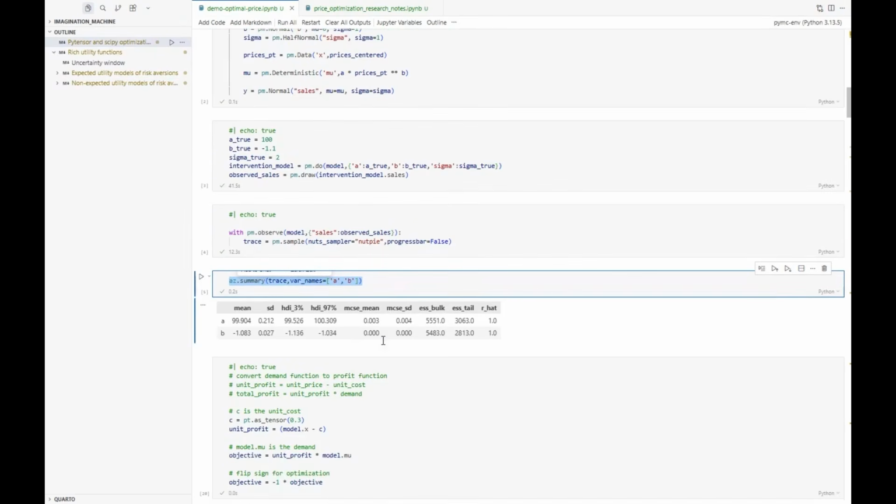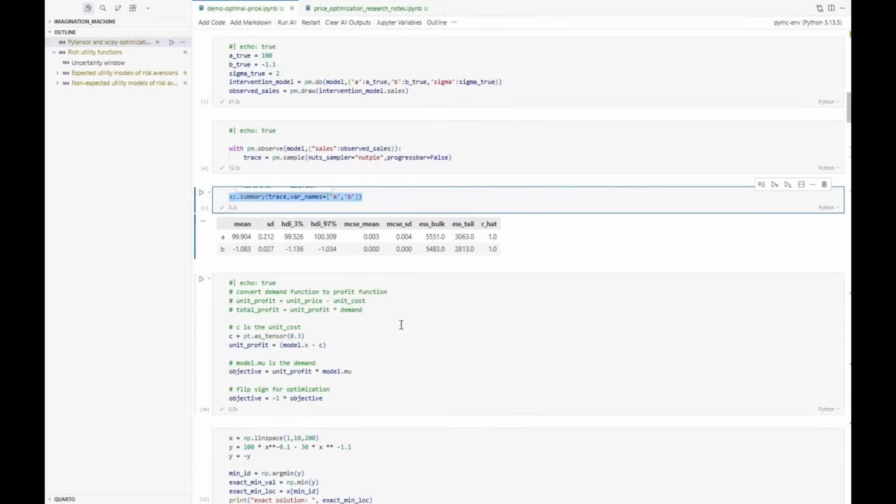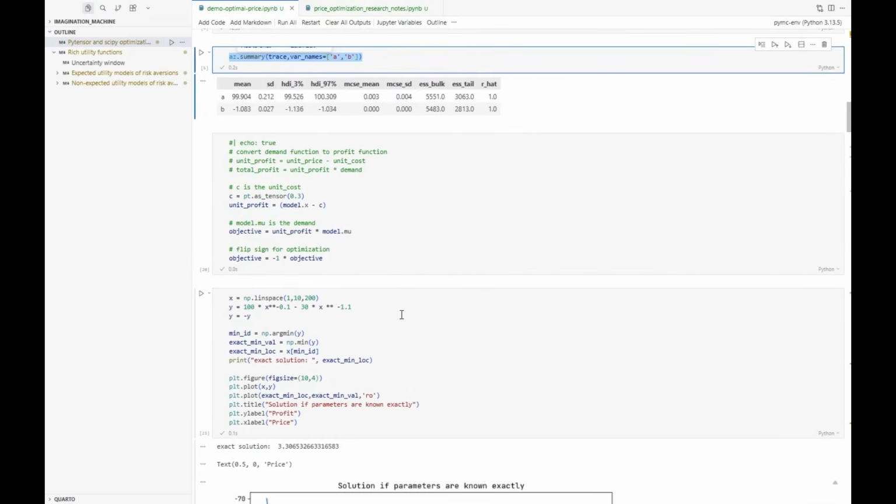So this next section is all where the kind of PyTensor and optimization process begins. To get to something we can optimize, we need to take a few steps. We need to convert sales into a metric we might care more about. If you want to maximize sales, there's a trivial way to do that. You set the price to 0, and your sales will go to infinity on this function.